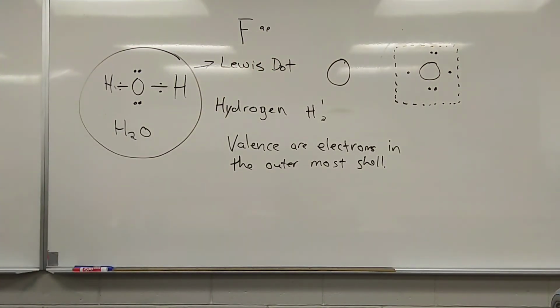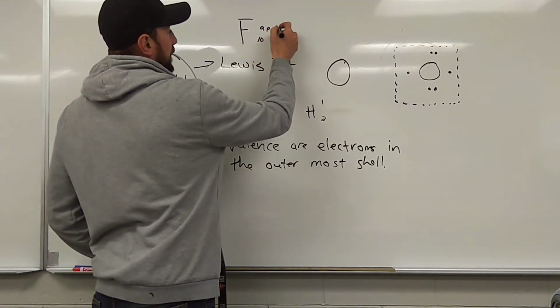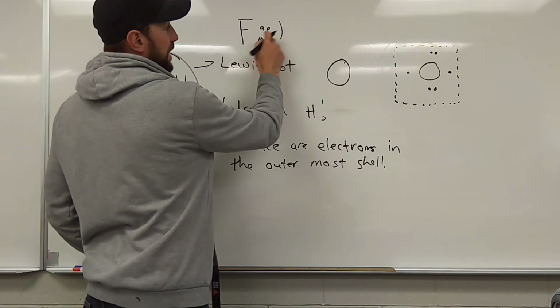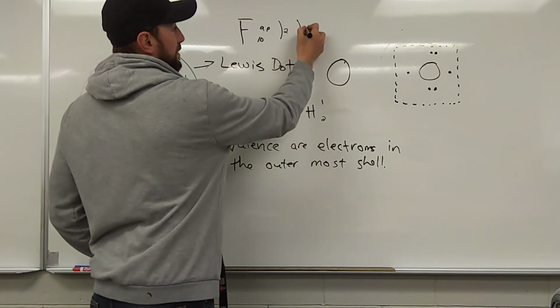I need a periodic table. I'll check the weight just to be safe. Its weight is 19. So that means there's 10 neutrons. And that means it would have how many electrons? If there's 9 protons, there's 9 electrons, so there would be 2 and then 7.